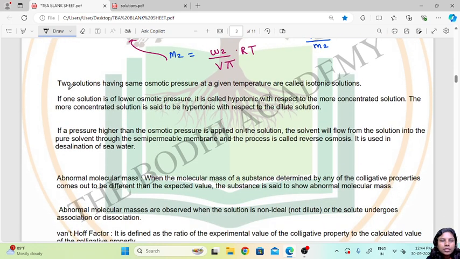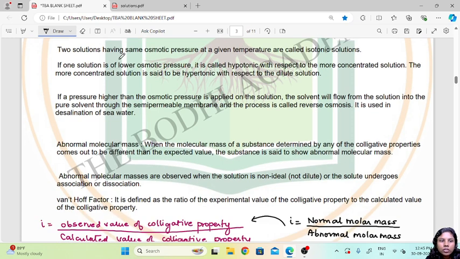Now let's look at some of the interesting terms that we have. Two solutions having the same osmotic pressure at a given temperature. So any solutions which have their osmotic pressure, that is pi, equal at any given temperature, such solutions are called isotonic solutions. So if one solution is of lower osmotic pressure, it is called hypotonic with respect to a more concentrated solution.